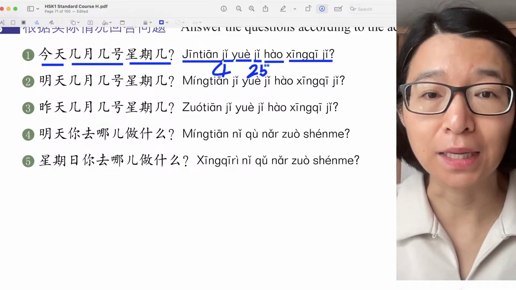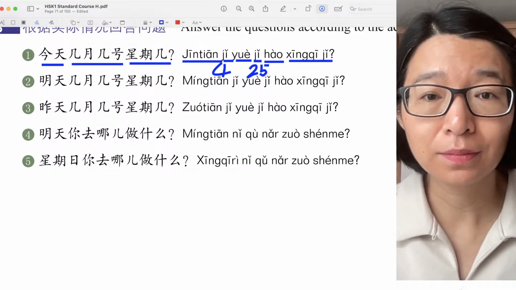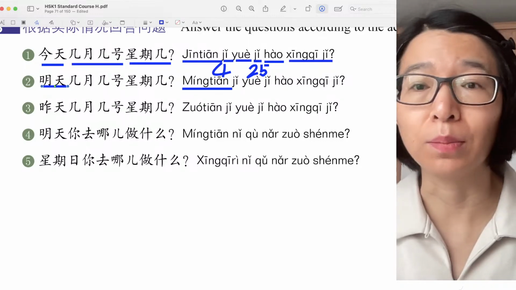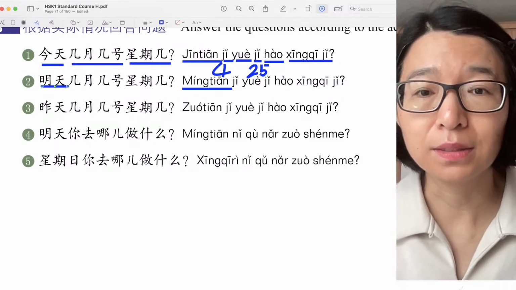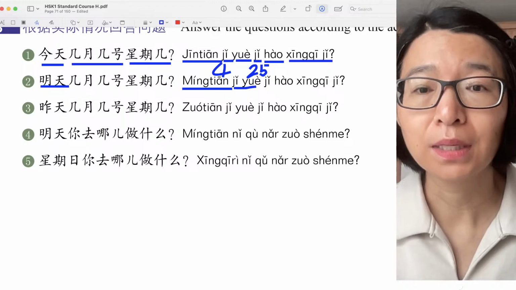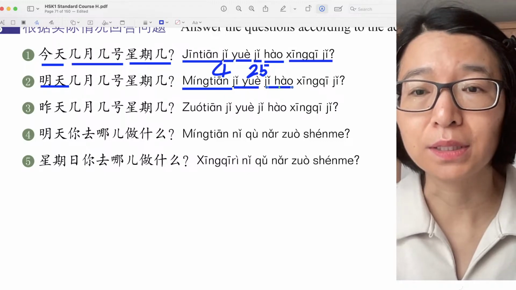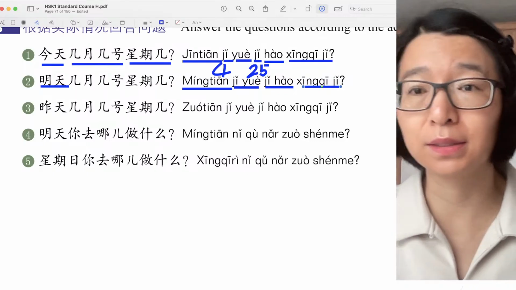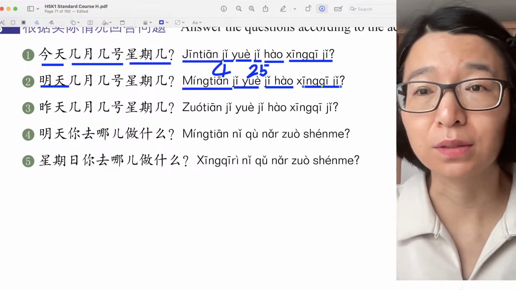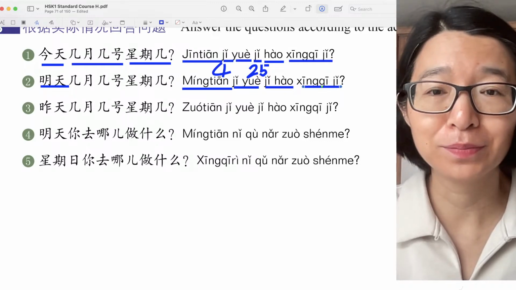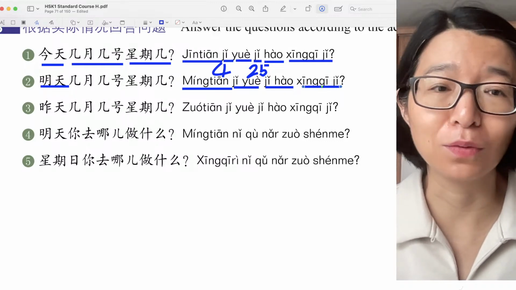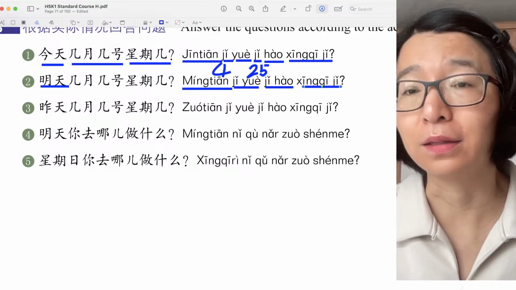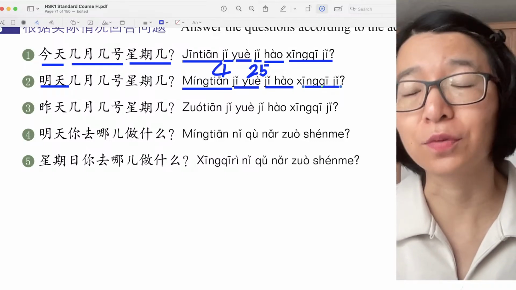Okay, now let's say 明天. Okay, tomorrow. 明天几月几号星期几? Okay, we already answered today's question. We just copy and change a little bit, and then we can get the answer about tomorrow, right? Tomorrow, 26. The month is the same.